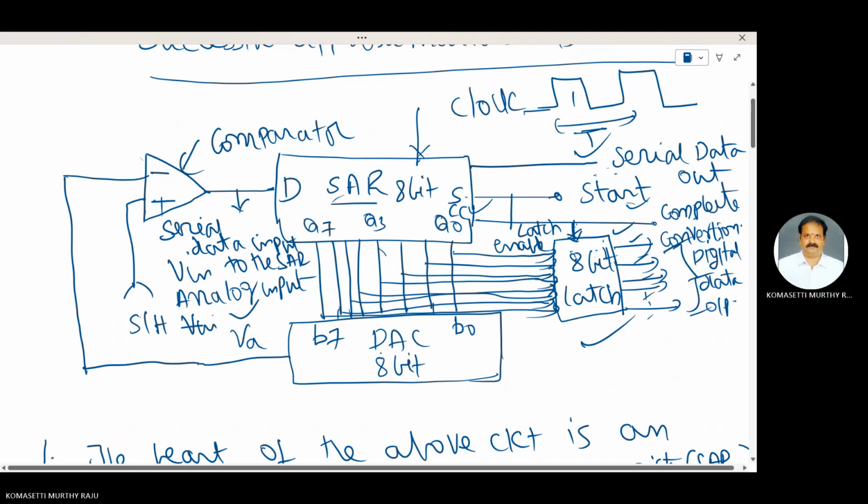To cycle the converter continuously, first hold value is converted into digital data. Next, second hold value. These are the hold values.